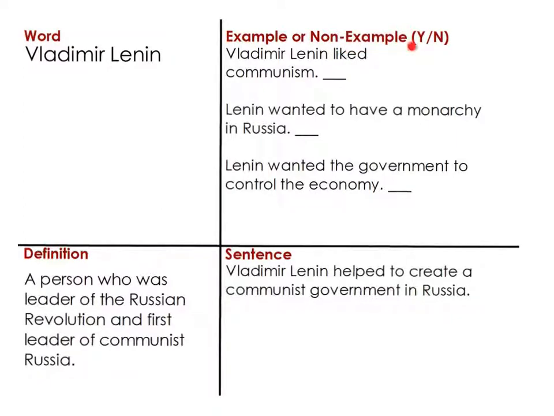You decide yes or no. Vladimir Lenin liked communism. Lenin wanted to have a monarchy in Russia. Lenin wanted the government to control the economy.